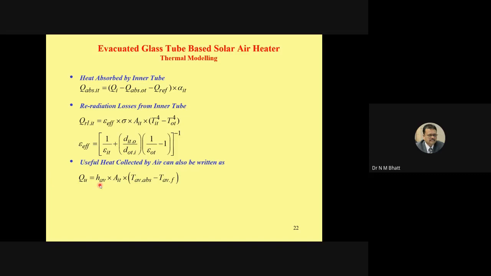Heat transfer coefficient is estimated from the experimental data, okay, and that was given as input to the program, which also has a trial and error method. Initially you assume some efficiency, based on the assumed efficiency you get some Q useful, based on the Q useful you get some air outlet temperature, based on the air outlet temperature and given inlet temperature you calculate the air properties, that is depending upon the correlation.